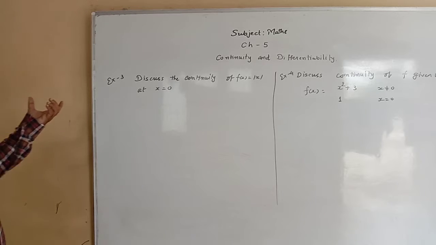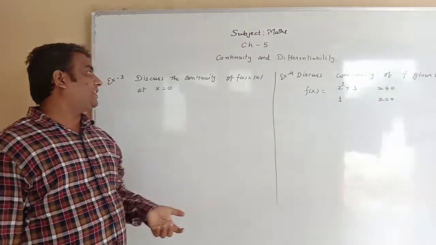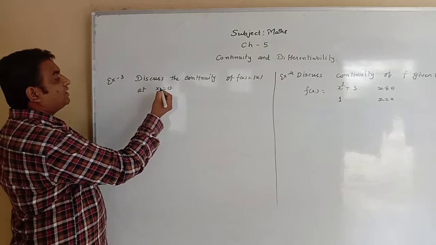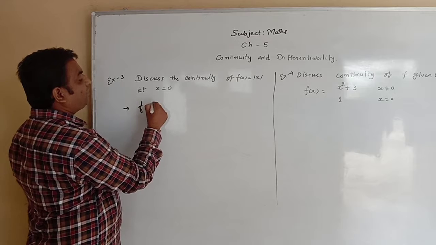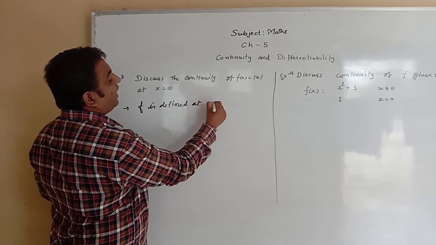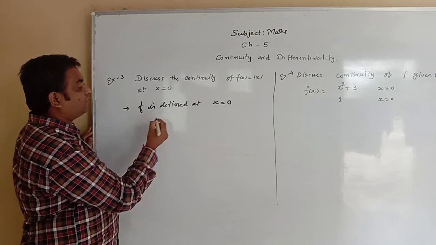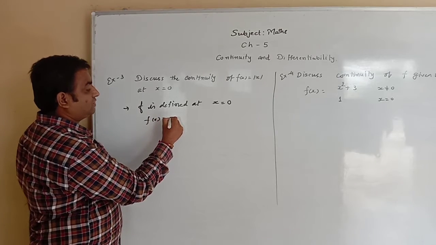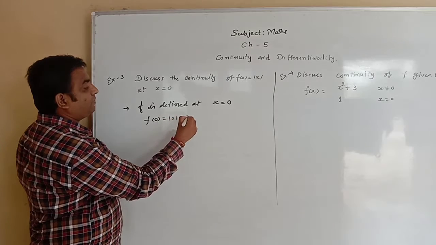Now example 3: discuss the continuity of f(x) equals modulus x at x equals 0. We know the modulus function is defined at x equals 0, so f(0) equals modulus 0, that is 0.